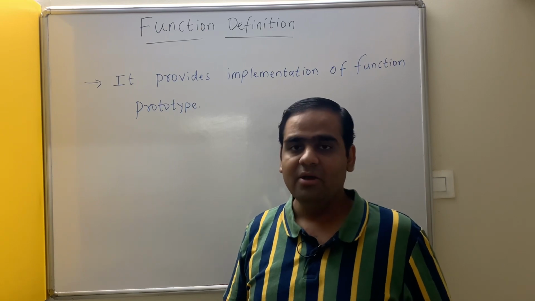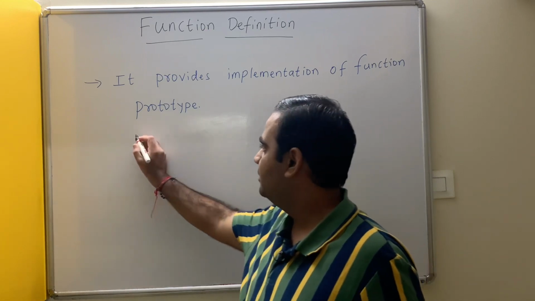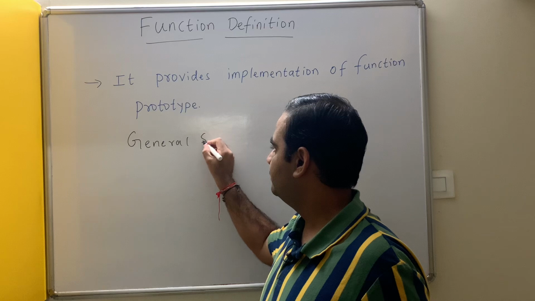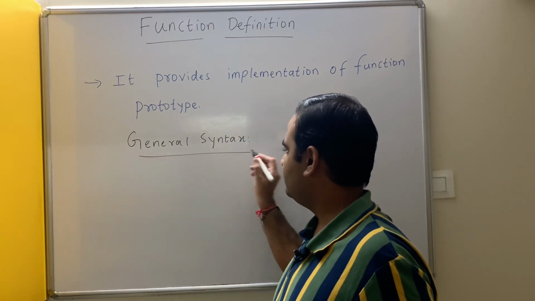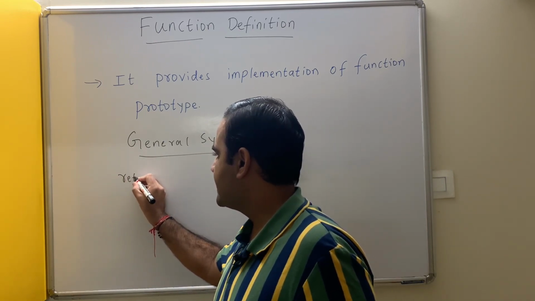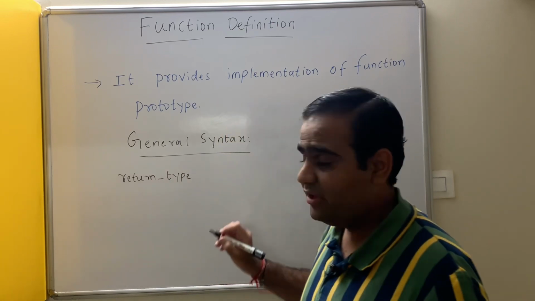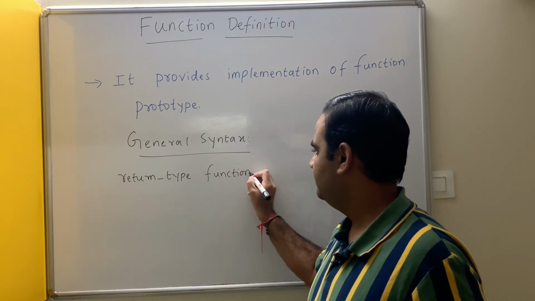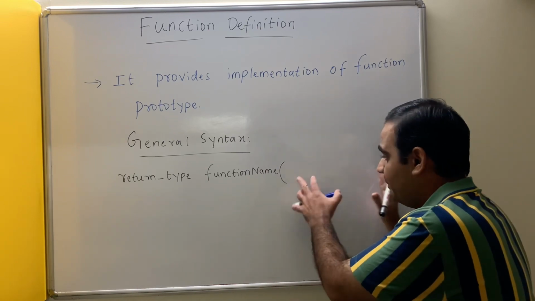Now let us see what is the general syntax for the function definition. First we write the return type. Then we write the function name. Here we give the parameters.